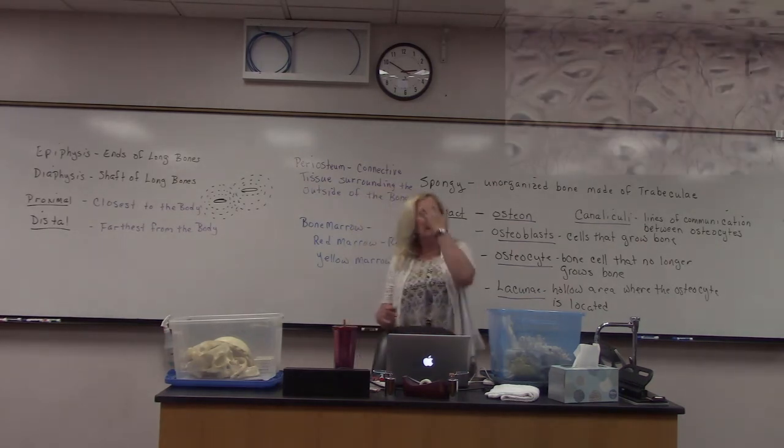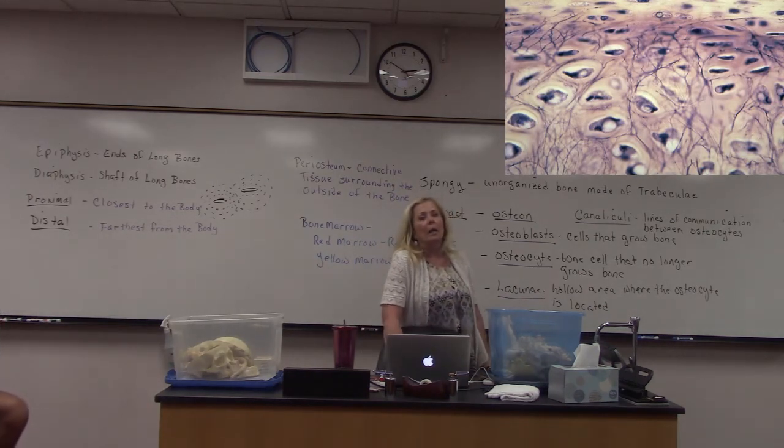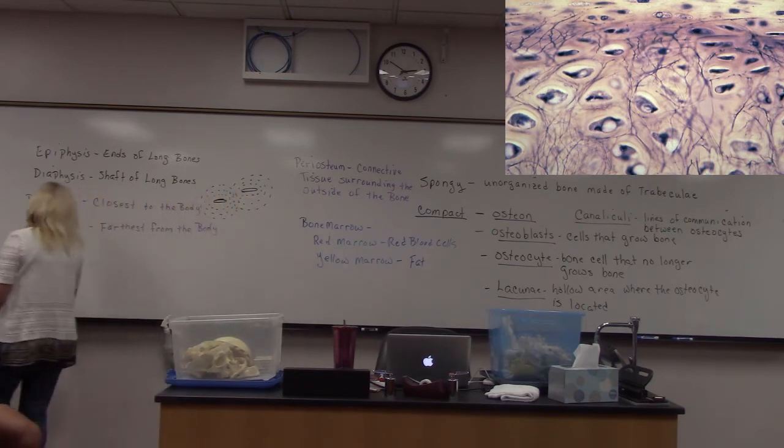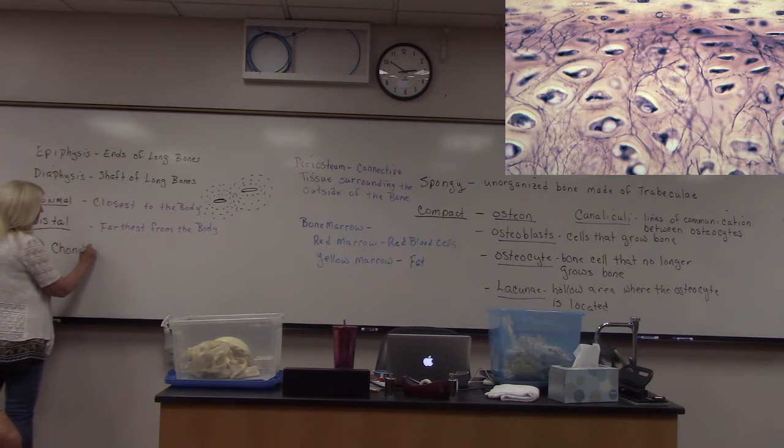So this is a picture of cartilage. And these cells sitting in the middle of the cartilage, which actually help to make cartilage, are called chondroblasts.